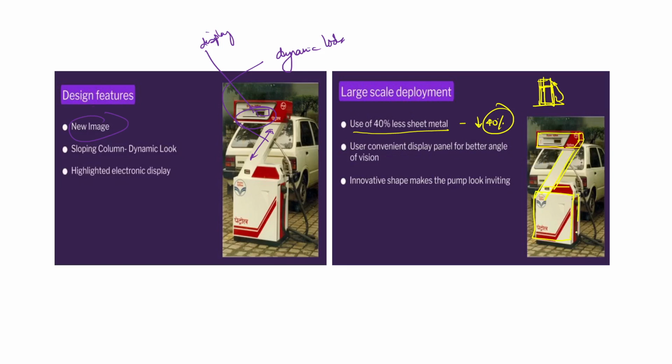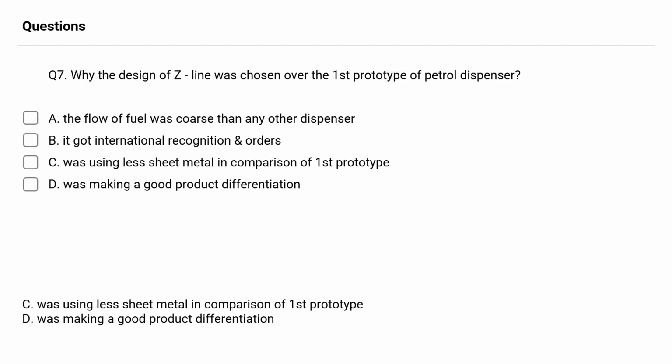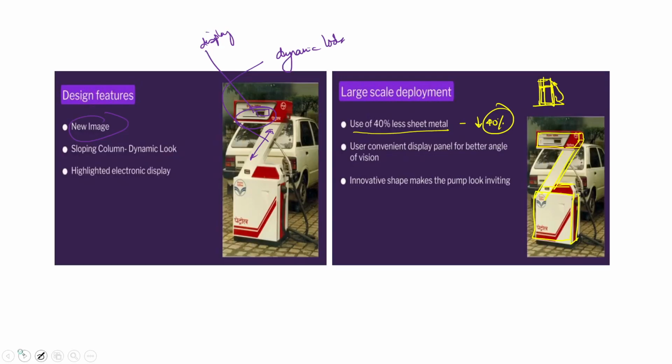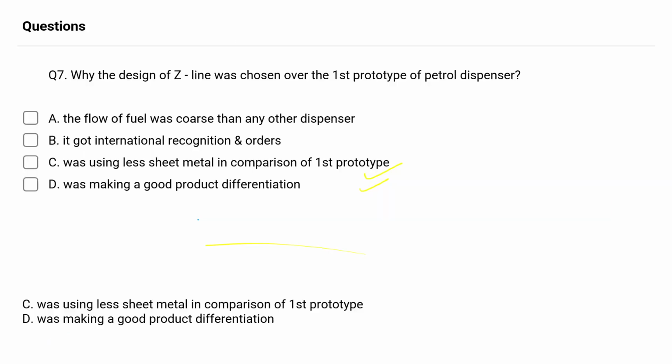And another thing which was important is the new image. Okay? So if you see, the correct answers are C and D. Was using less of sheet metal.